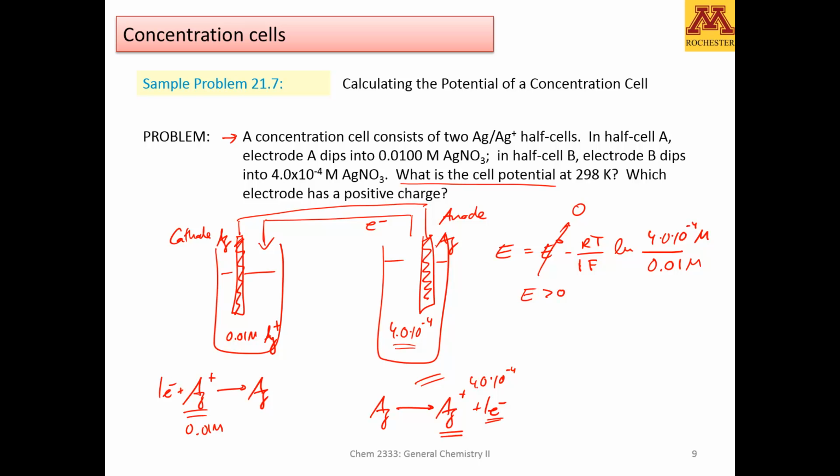And when is that going to be? When you have equal concentrations of reactants and products, which you can find by taking the average. So this is 4 times 10 to the negative 4 plus 0.01, divided by 2. This will be the concentration in the cathode and in the anode once this concentration cell dies. That is, the concentrations on both sides are equivalent.